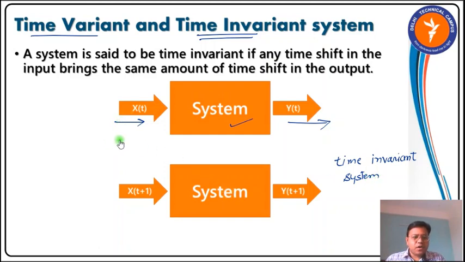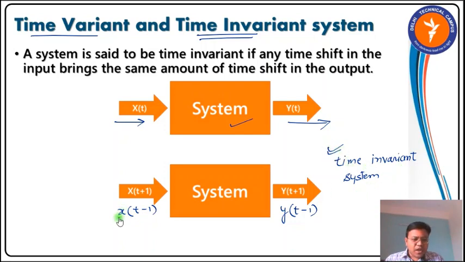And if, instead of time advancing, I produce a time delay in the input, then the same delay must be reflected into the output as well. That is, a time delayed signal must produce a time delayed output by the same factor. So if I advance the signal or delay the signal, the same advancement or delay should be reflected into the output. Only then will we say the system is a time invariant system.